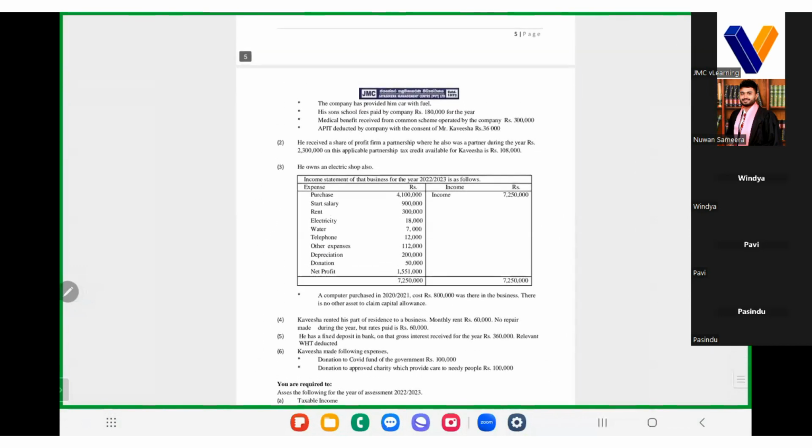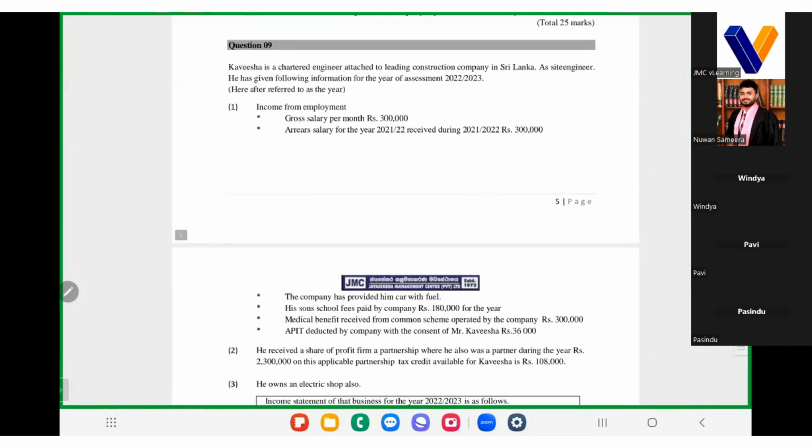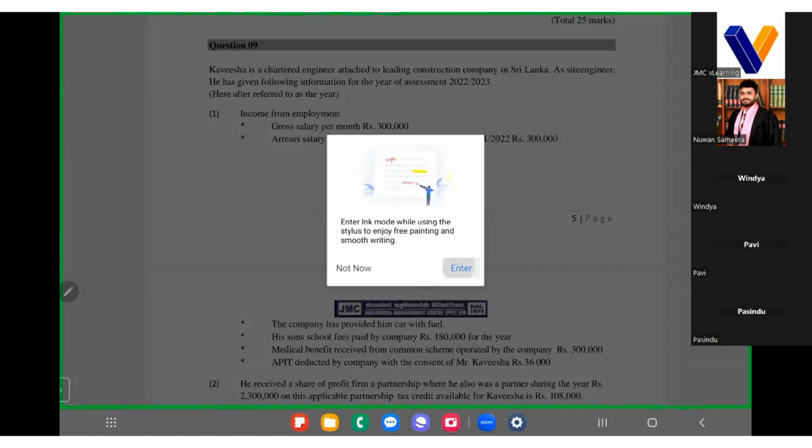Hope you all have received the question paper. So you can see question number 9. Kavisha is a chartered engineer attached to a leading construction company in Sri Lanka. This information is given for his income for the years of assessment 2022 and 2023.